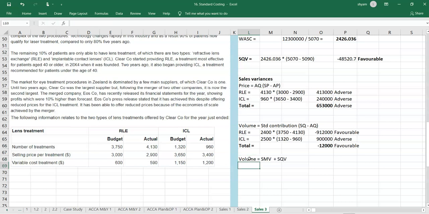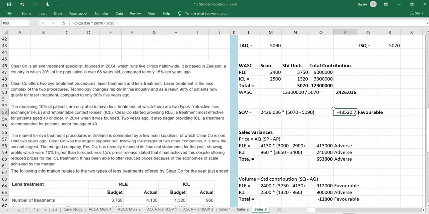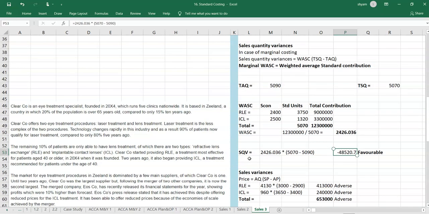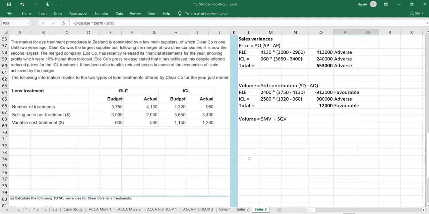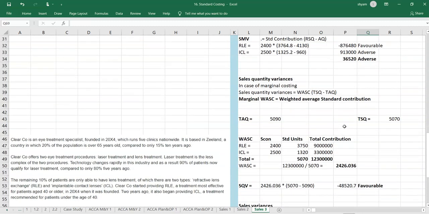When we add both, we have to get the same answer. As this is favorable, we'll remove the minus symbol, and we have one more.